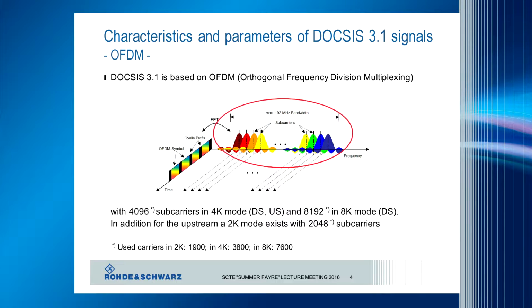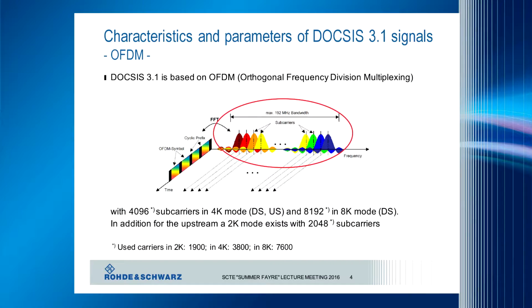But now with DOCSIS 3.1, OFDM is the new technology in the cable networks. OFDM means we have thousands of carriers in use, filled up to bandwidths up to 192 megahertz. For that, several transmission modes are defined depending on your capacity needs in the cable.